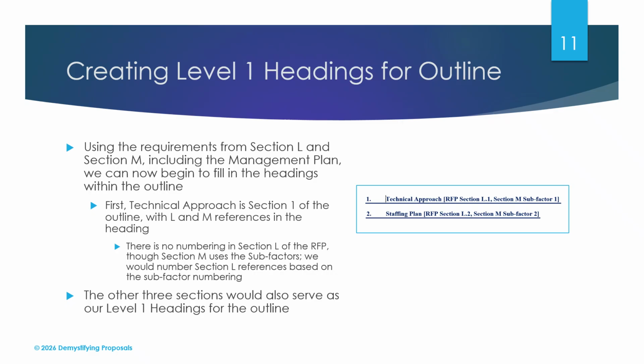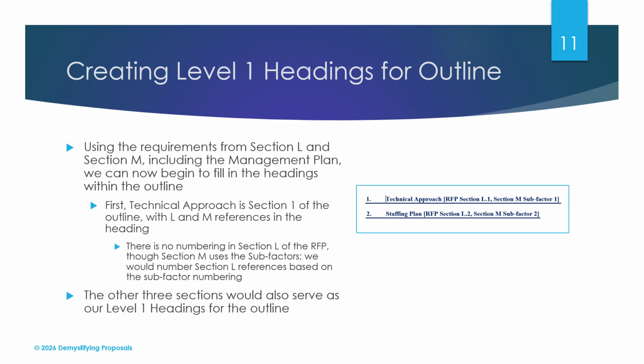So technical approach is section 1 of the outline with the L&M references in the heading. I have put in section L1 as the technical approach, even though section L is actually not numbered. You need some kind of a reference for that and for all the subheadings under it.